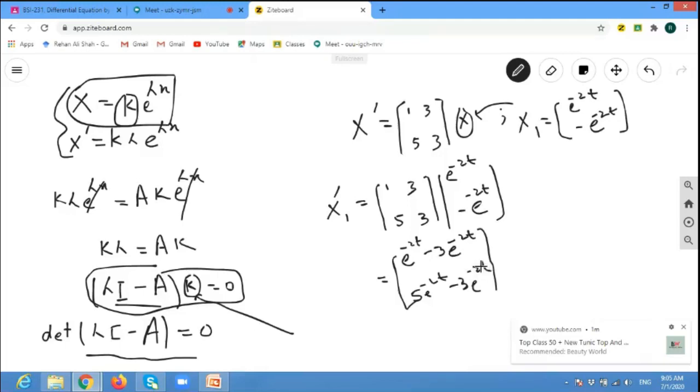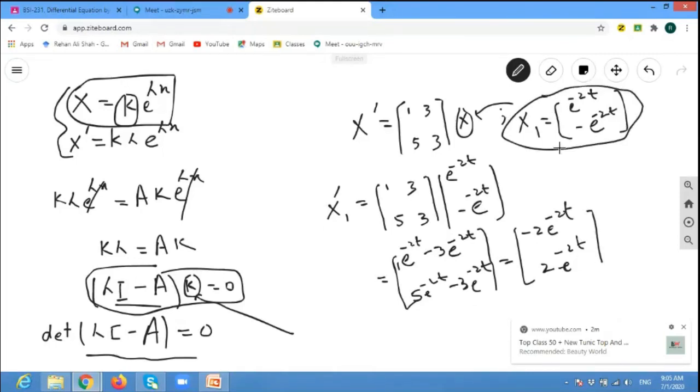If you simplify it, you will get 1 minus 3, which is minus 2 e power minus 2t, and this will become 2 e power minus 2t. So the derivative of this column vector is this one.